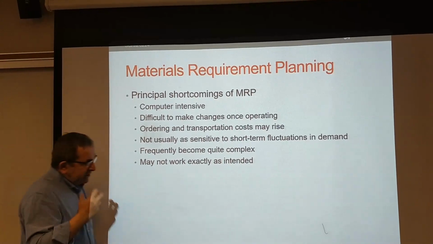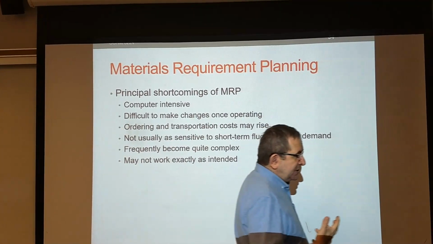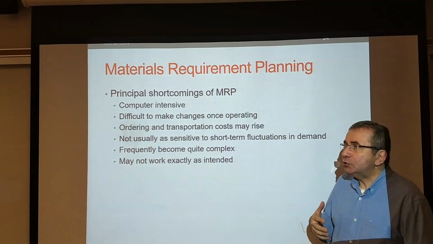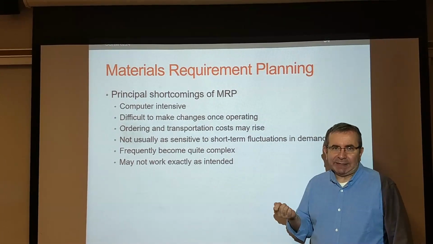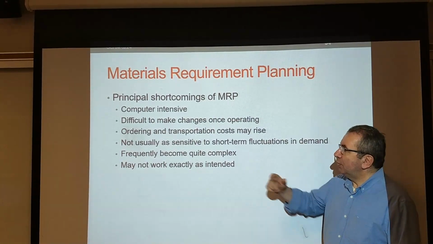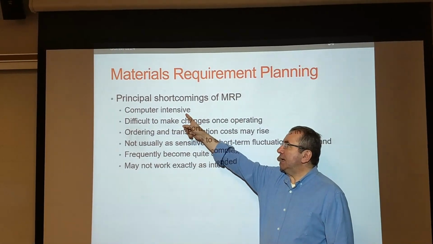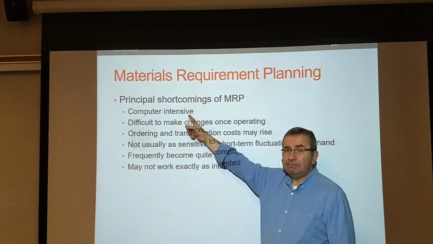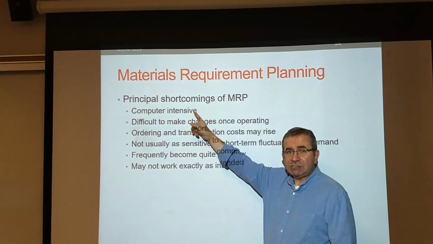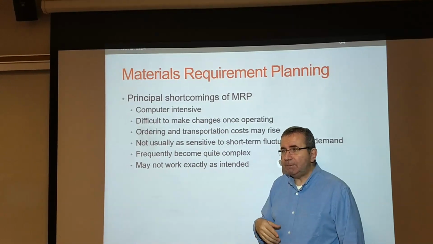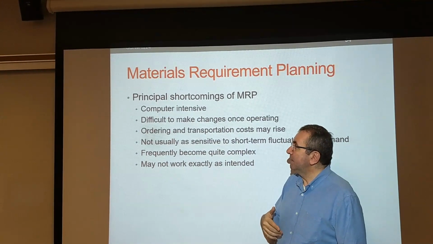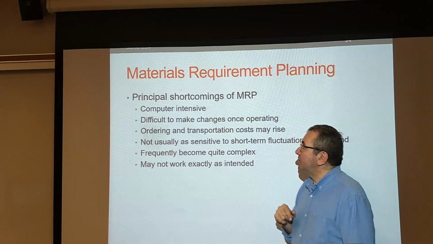Now, some disadvantages. First disadvantage is you cannot do MRP by hand. Okay? So you need to have an ERP system or some specialized software for you to properly do MRP. So it's computer intensive.